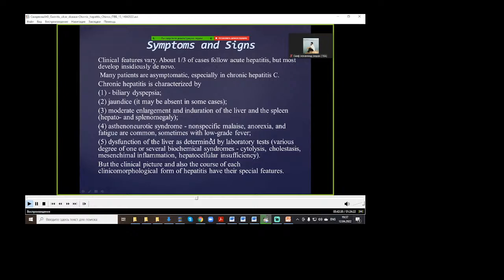We have talked about these syndromes, about jaundice, hepatic type of jaundice, about all these syndromes in the previous semester. The clinical picture and also the cause of each clinical morphological form of hepatitis have their special features, but these 5 are common and general.